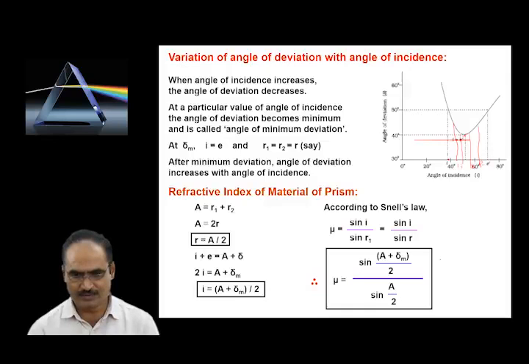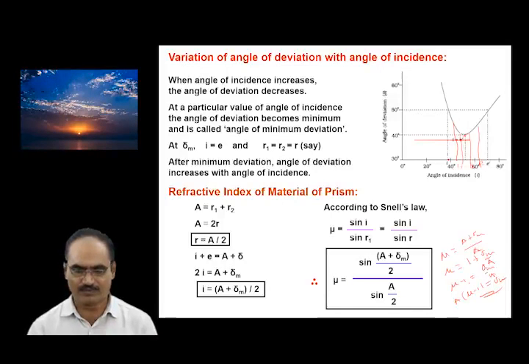So mu is equal to A plus delta M by A, that is mu is equal to 1 plus delta M by A. Therefore mu minus 1 is equal to delta M by A. Therefore A into mu minus 1 is equal to delta M. So for small angles, we can use this one also, otherwise mu is equal to sin of (A plus delta M by 2) by sin A by 2 can be used.